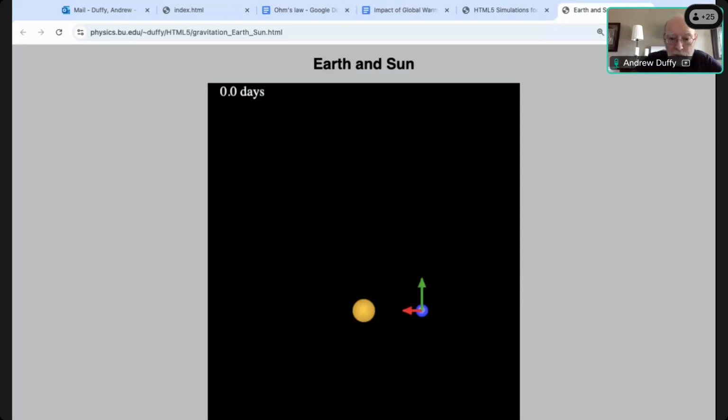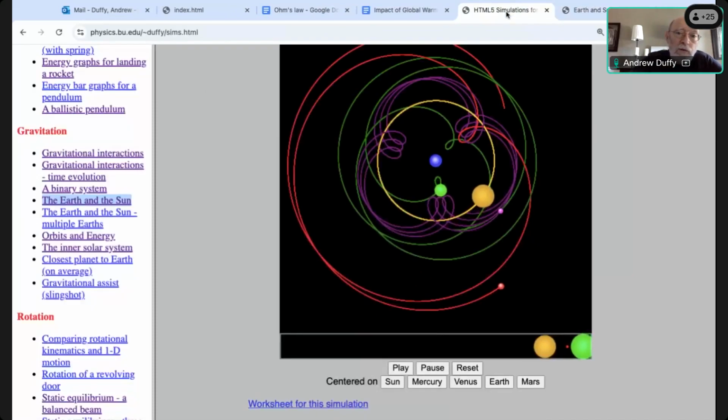Now, the other way to do it is just embed links into Canvas. That should work as well. That will take you to my website, and they should run from there. But if you want to do them offline somehow, you can get all the code and put it wherever you want. That's totally fine.